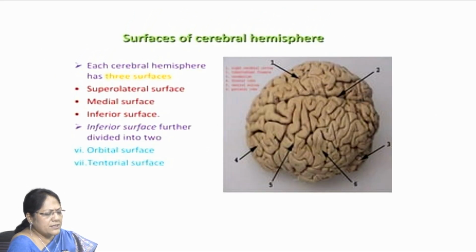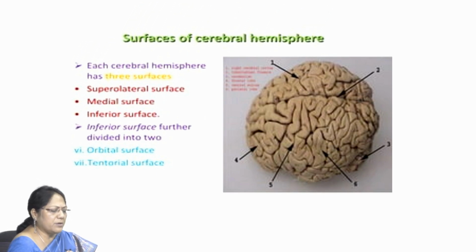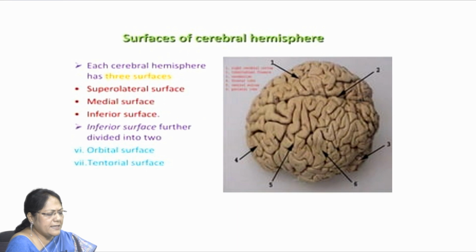In this diagram you can see the superolateral surfaces of the two hemispheres, with the median sagittal fissure in between, into which the falx intervenes. Inside this fissure lies the medial surface, and inferiorly lies the inferior surface, which is subdivided into the orbital surface anteriorly and the tentorial surface posteriorly.